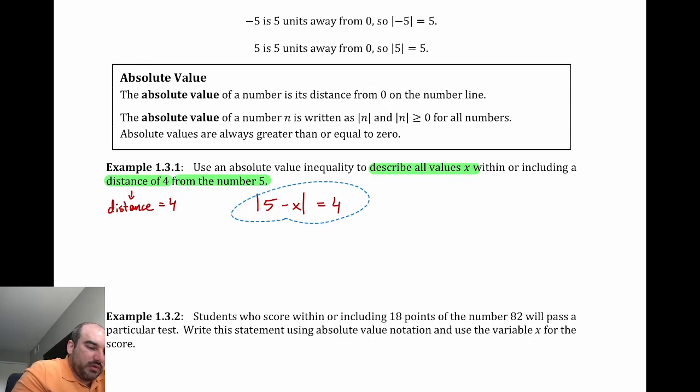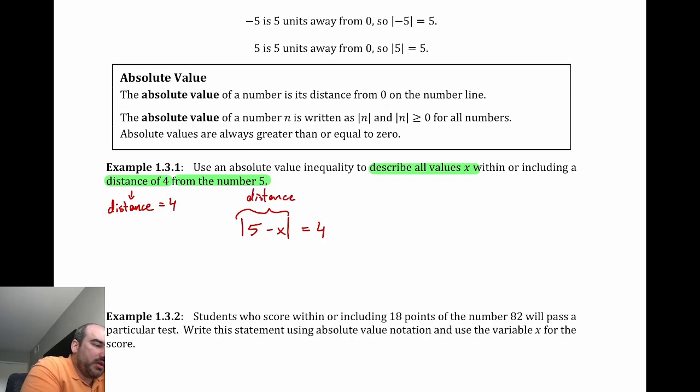This part here is centering the number line at 5. Right, so we just throw the 5 in there, and then we subtract x, which centers our number line at 5.